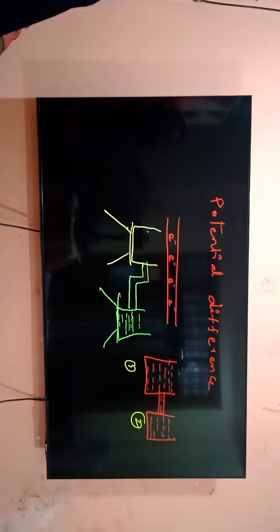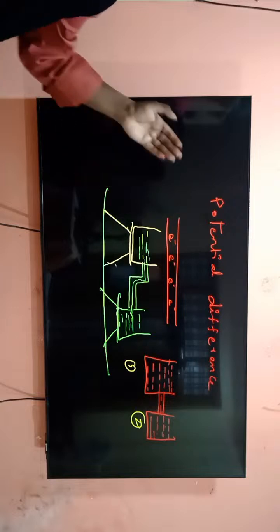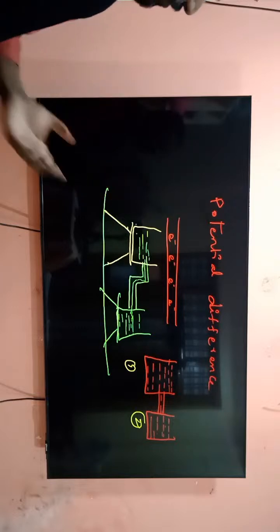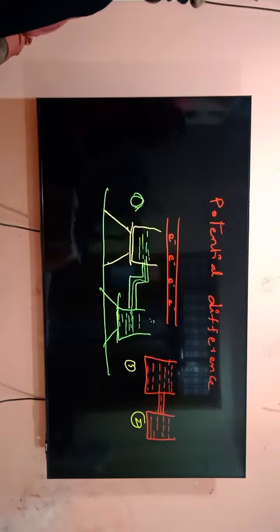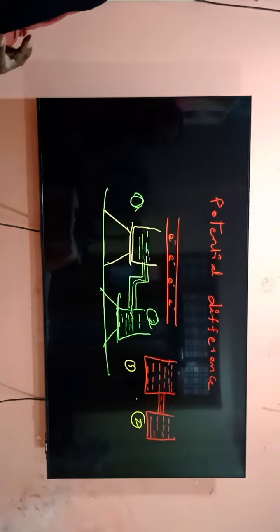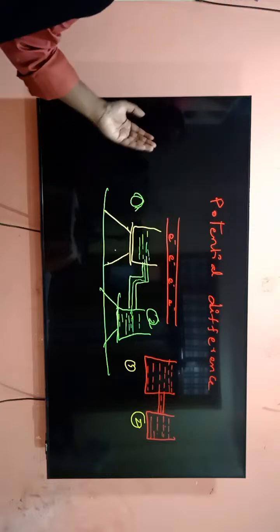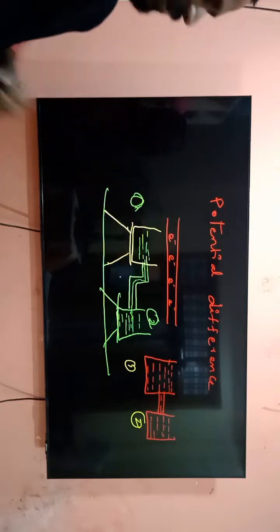Then the water will flow. By the pressure difference, because of the difference in height, the water will flow from beaker 1 to beaker 2. Where the difference is not there, water will not flow from one beaker to another.